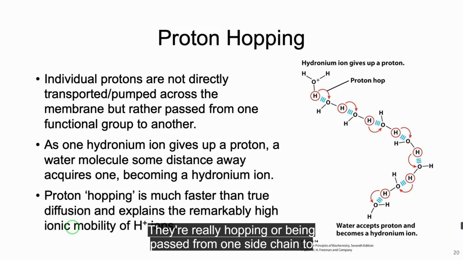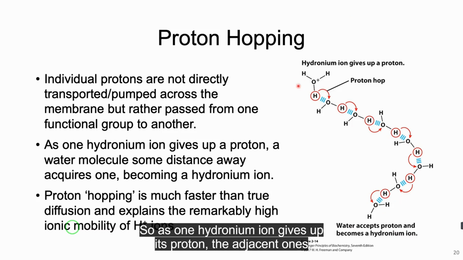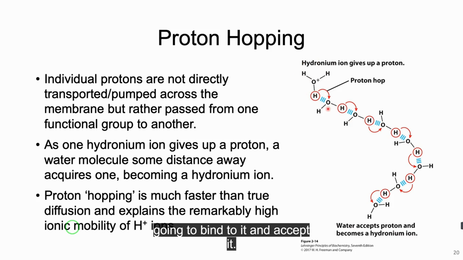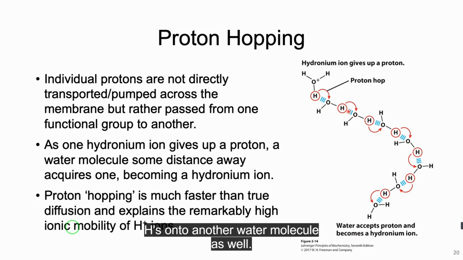They're really hopping or being passed from one side chain to another. Okay, so this is similar to what you would see for free water. So this image is just showing you proton hopping in water alone. So as one hydronium ion gives up its proton, the adjacent one's going to bind to it and accept it. Okay, and then that hydronium ion could then pass one of its other H's onto another water molecule as well.